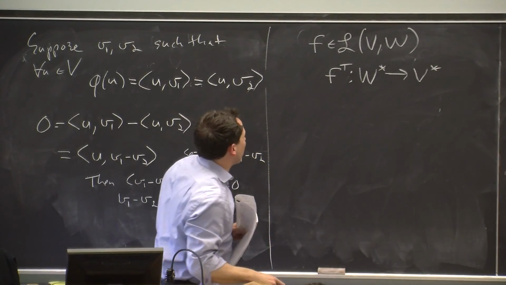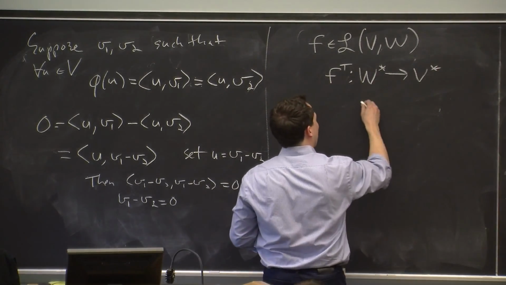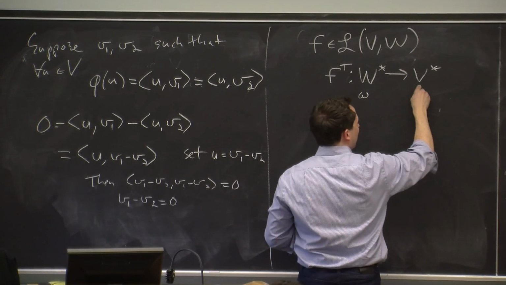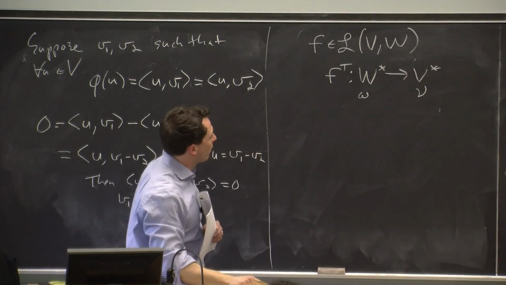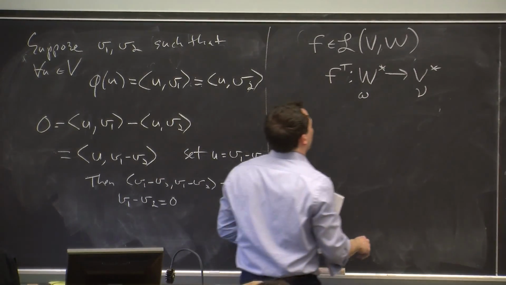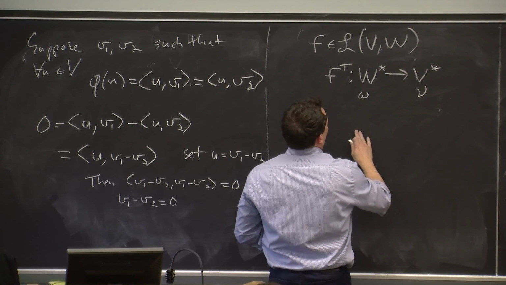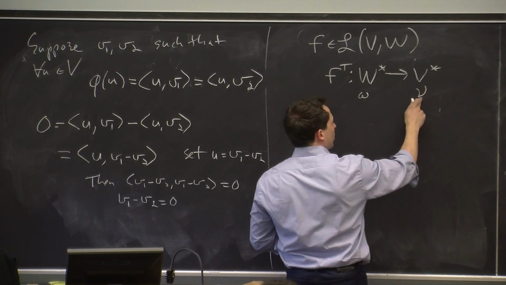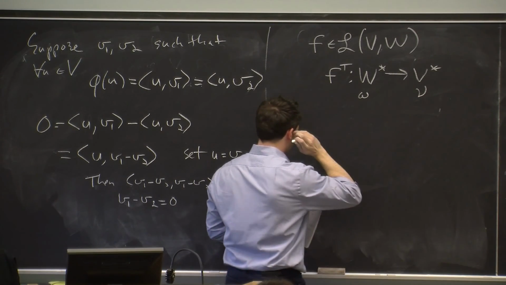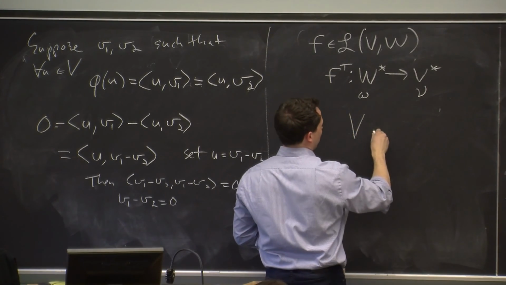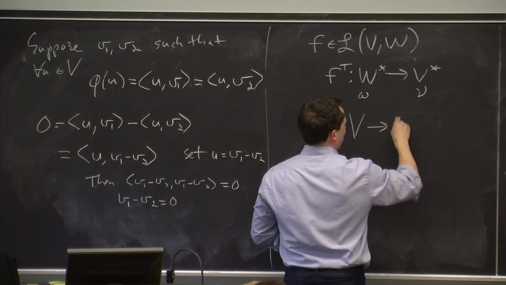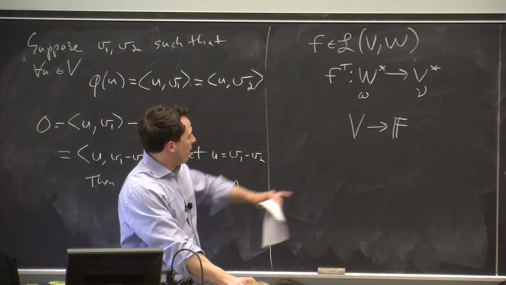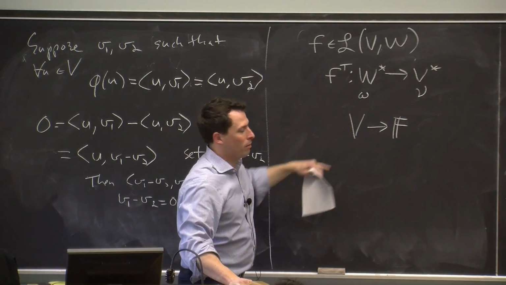So the invariant thing that's happening is that, what does this mean? It means if I have a linear functional omega here, I can get out a linear functional, say, nu over here. And how does that work? Well, a linear functional, an element of V star, is just a function that eats something from V and spits out something from the field. How do I obtain that from the data of F and a linear functional on W?